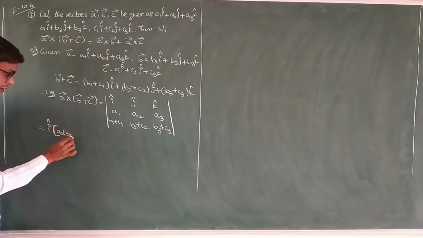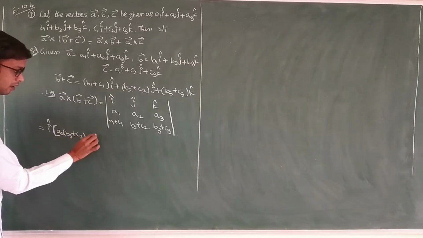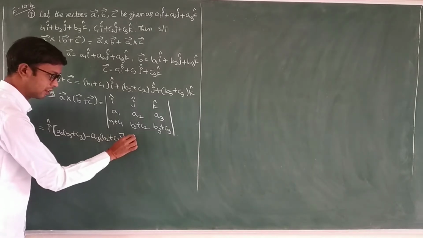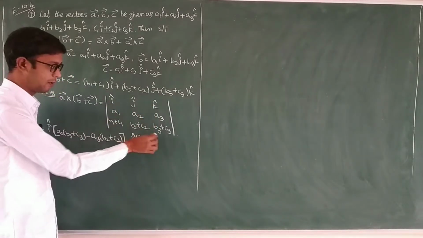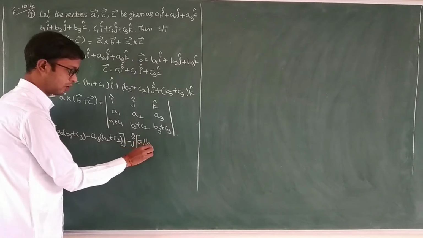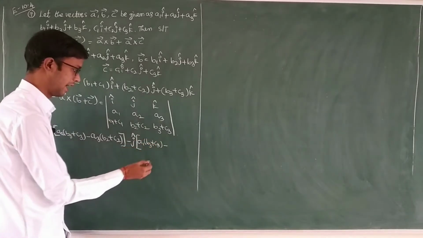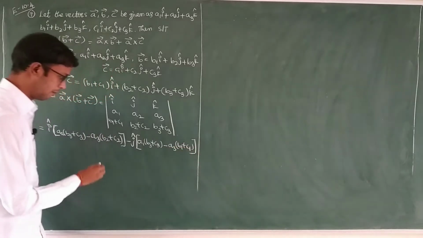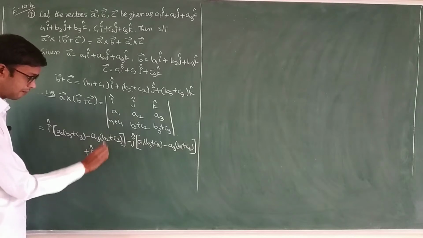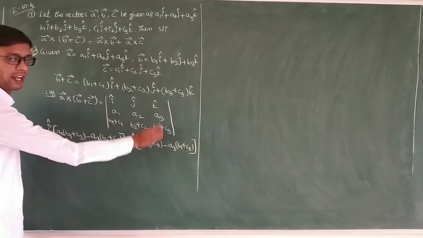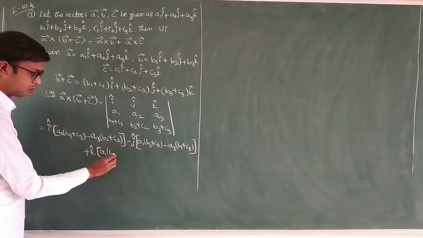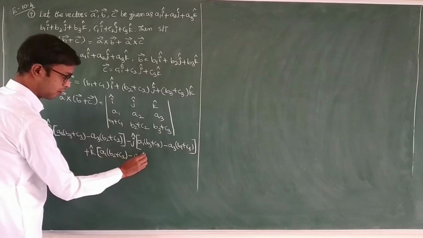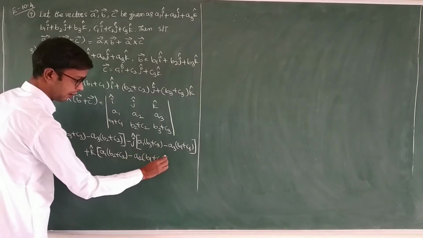A2 into B3 plus C3 minus A3 into B2 plus C2, minus j cap into cross multiply A1 into B3 plus C3 minus A3 into B1 plus C1, plus k cap into A1 into B2 plus C2 minus A2 into B1 plus C1.